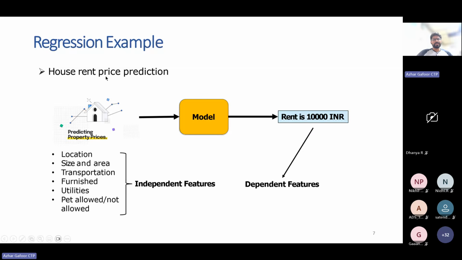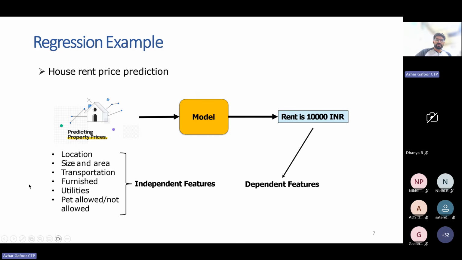So these are the independent features, right? Location, which can be any place. Then size and area can be anything. Then whether transportation facilities are available, whether the house is furnished, utilities, and many other features it can have. All these are independent features which will determine what the price of the property can be.